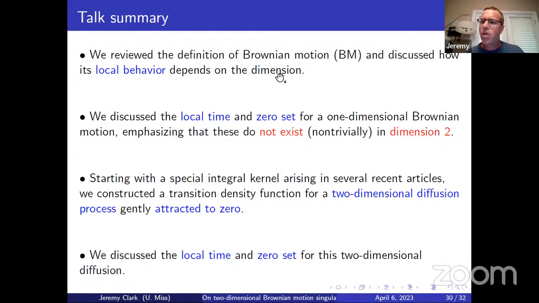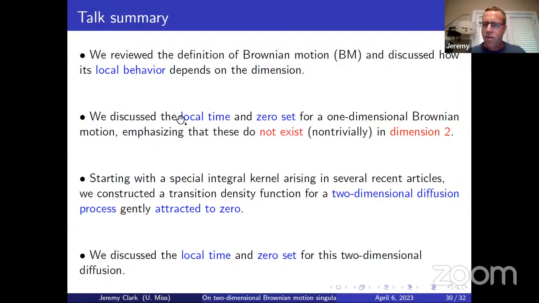Now I just want to summarize what we did. First we reviewed the definition of Brownian motion and discussed some of its behavior that depends on the dimensionality. In particular, in the case of dimension 1, we discussed the local time and its zero set, that is, the set of times at which it visits 0.